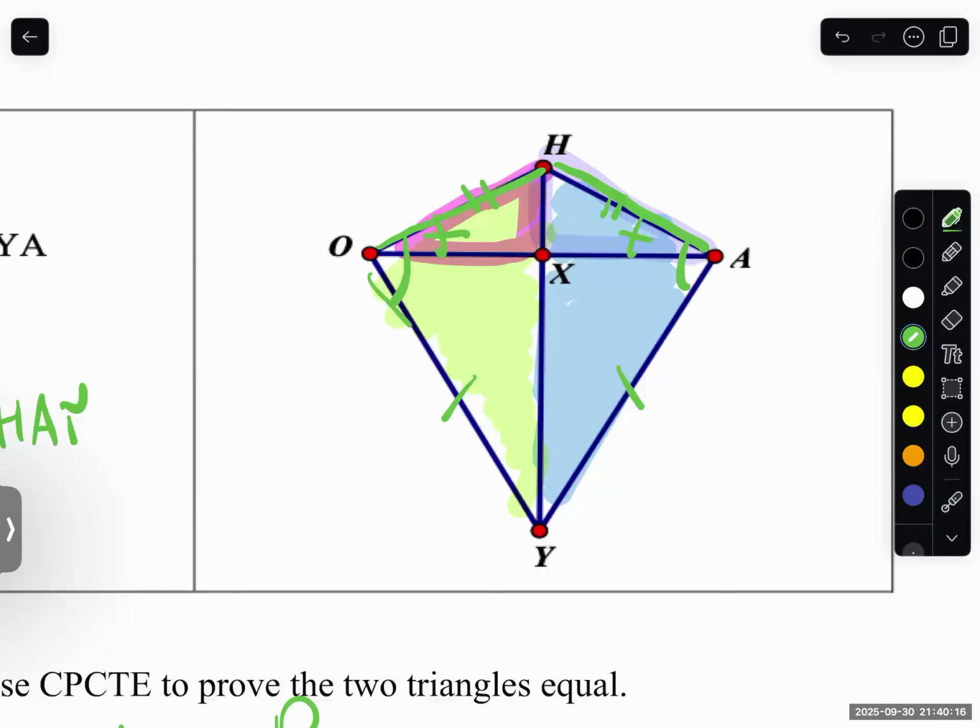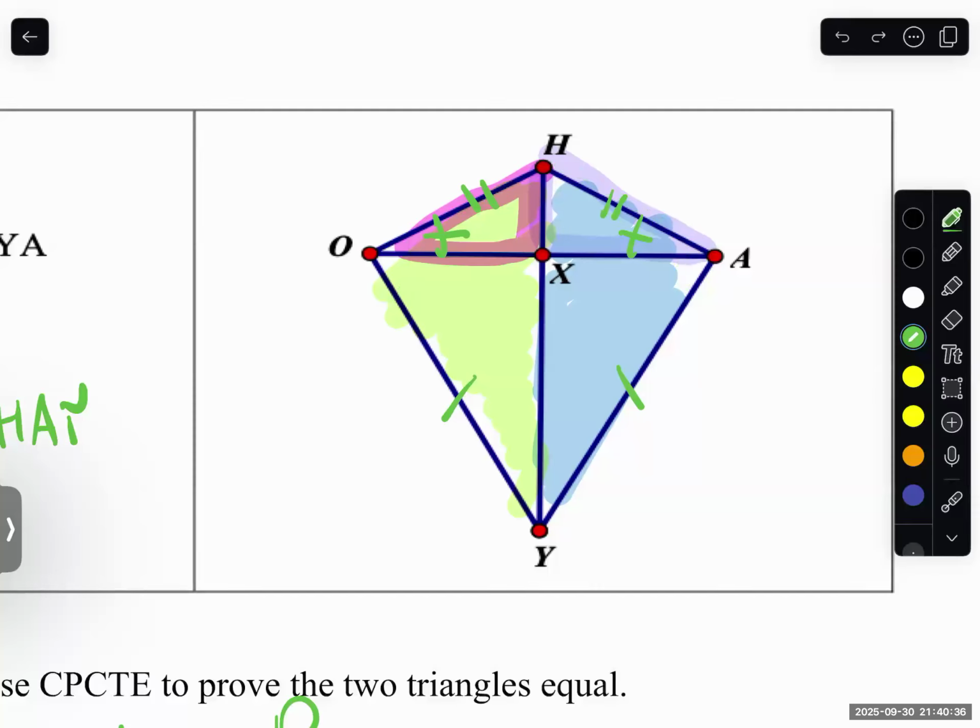These angles, this side, these angles, this side, these angles here. Those are all equal by CPCT because the triangles are equal. Again, corresponding parts of congruent triangles are equal. Once the triangles are equal, then all the sides and angles are equal. So there's some sides that are helpful to us.